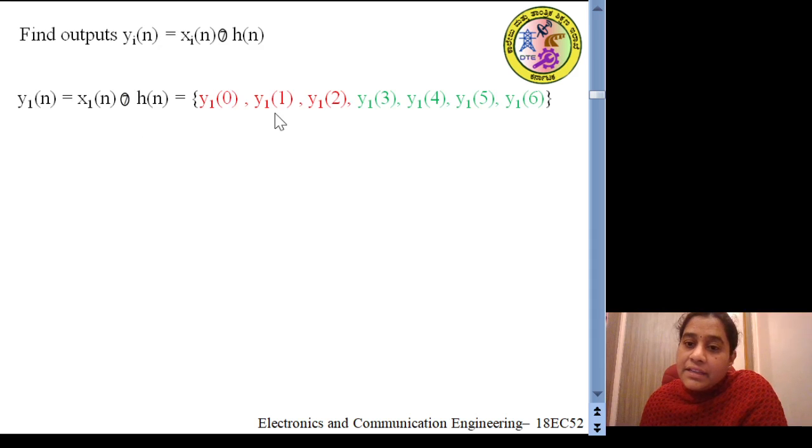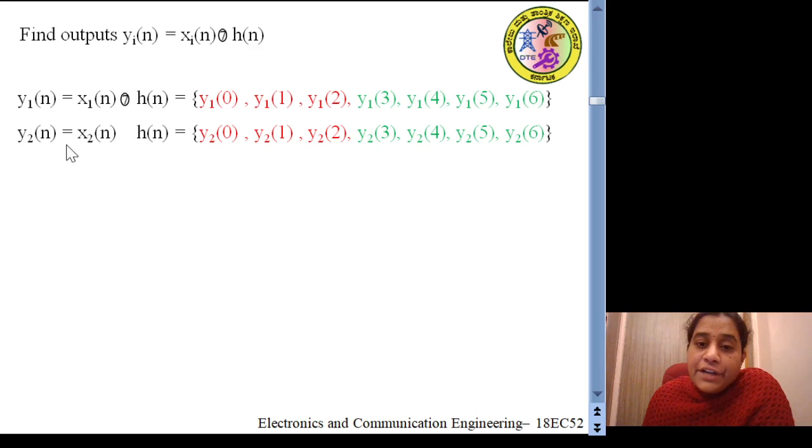We obtain 7 samples in this output block y1 of n, that is y1 of 0, y1 of 1, y1 of 2, y1 of 3, y1 of 4, y1 of 5 and y1 of 6. You can see the color difference here. This y1 of 0, y1 of 1 and y1 of 2 are the output samples because of the convolution of 3 samples of h of n and the first 3 appended zeros to our input block.